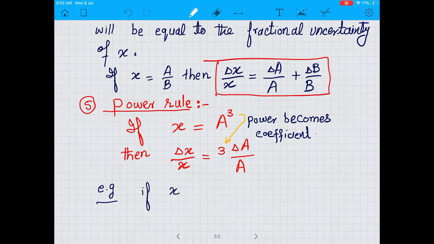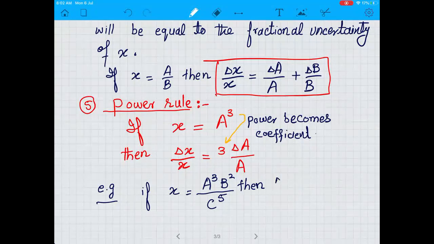For example, if x is equal to a cube b square over c5, then the formula for uncertainty will become delta x over x is equal to 3 times delta A over A. So in the original formula, A has power 3.